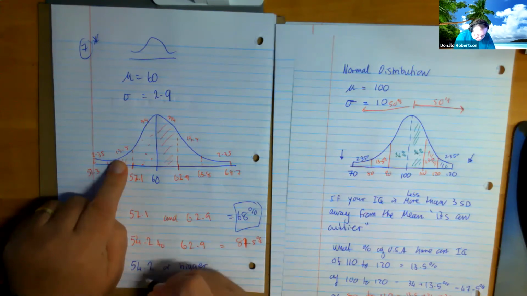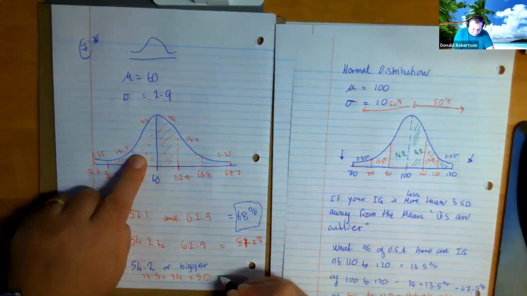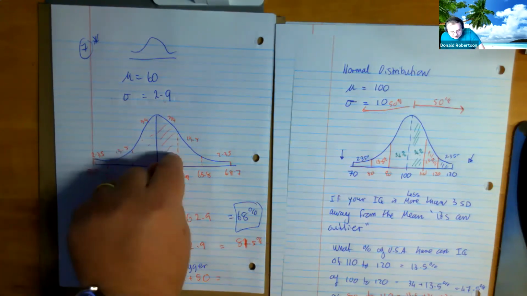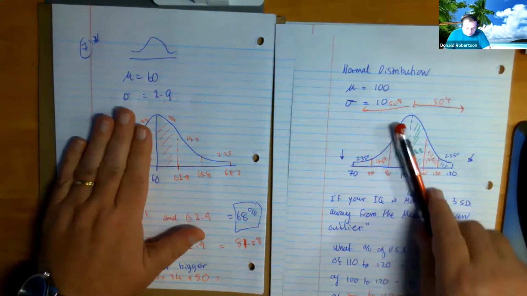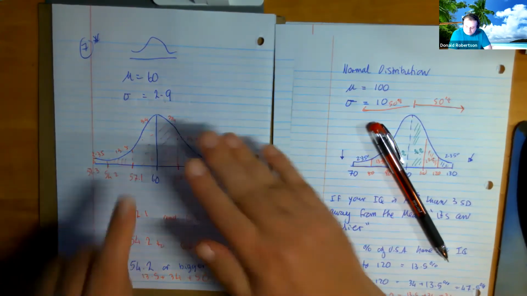So don't I really just need to go something like this? This piece, 13.5. This piece, 34. This piece, 50. And that would get me the answer. So can you imagine that in most situations it's going to be just adding up pieces of the pie? But if it's a less than or greater than kind of story, it's much better to just say that half is worth 50 and then just whatever's left.